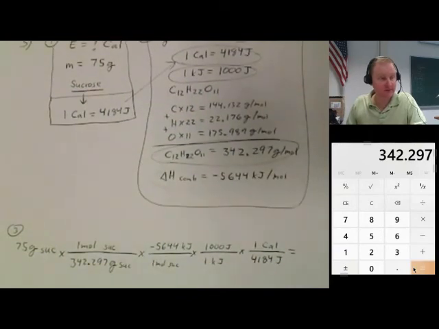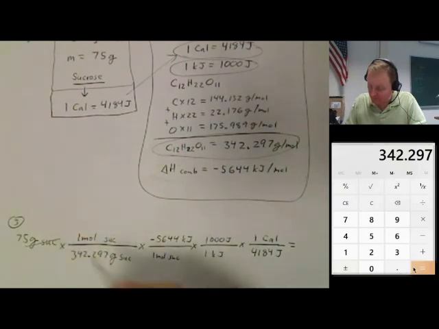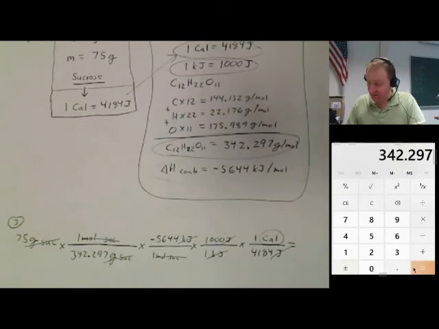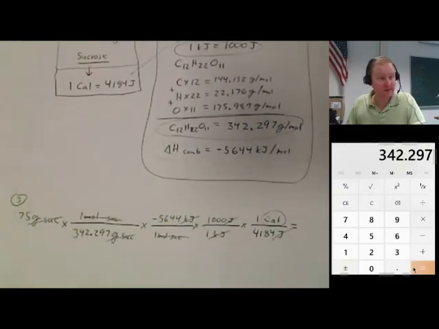So this is our setup for this one here. Grams of sucrose cancel with grams of sucrose, moles of sucrose cancels with moles of sucrose, kilojoules cancels with kilojoules, joules cancels with joules. Our answer will be in calories, and that's what we needed. We needed it to be in calories, so that's a good sign. We set it up right.